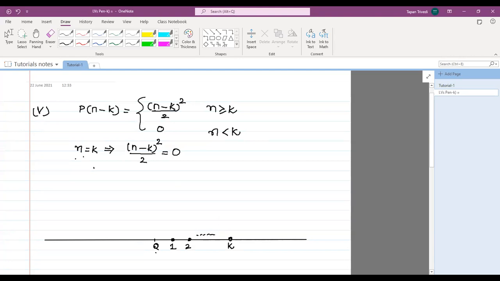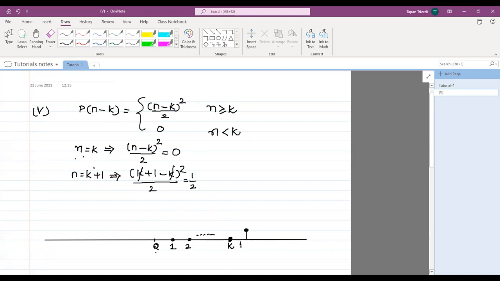So then you will get 0 here. If n is equal to k plus 1, then k plus 1 minus k whole square by 2 is equal to 1 by 2, because k and k will cancel out.